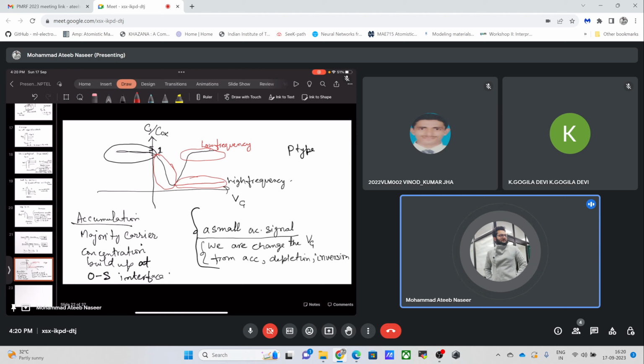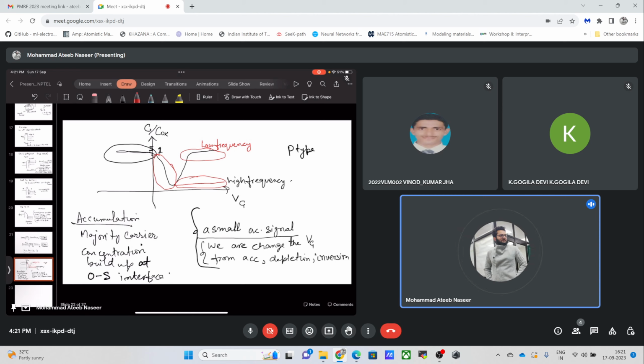Okay, so this is all about how we have been able to move from the region of accumulation to depletion, and then again to the inversion region. And we have seen two cases for this inversion region: the high frequency case, which corresponds to the CV curve with the capacitance close to the depletion capacitance value.